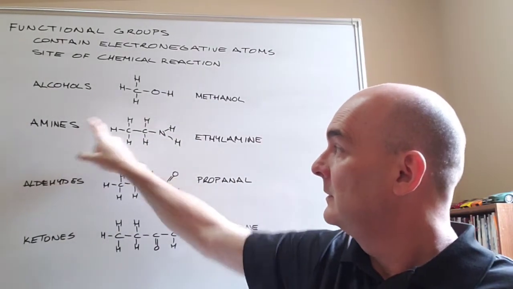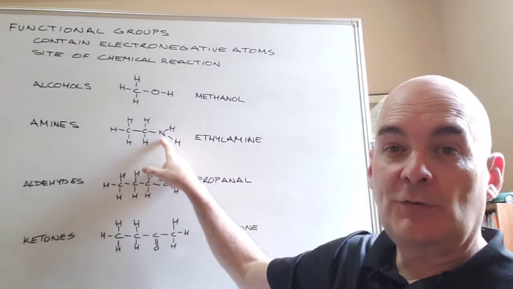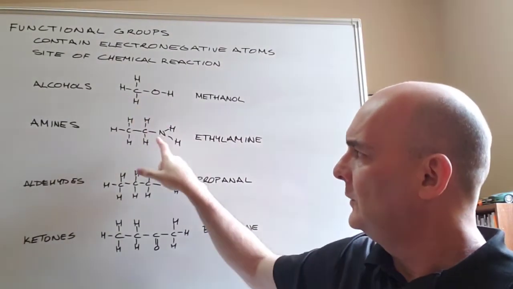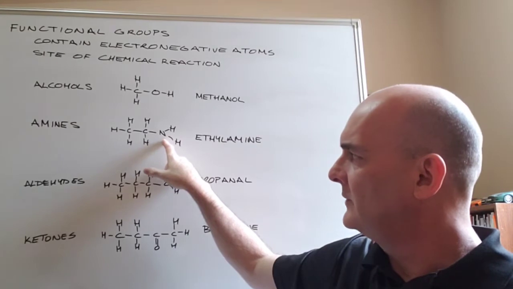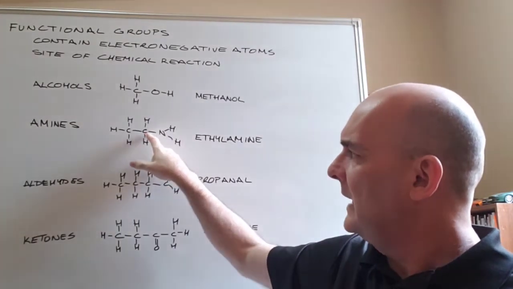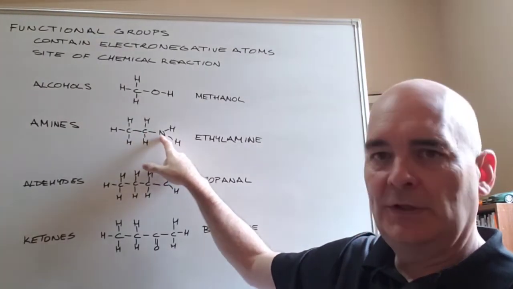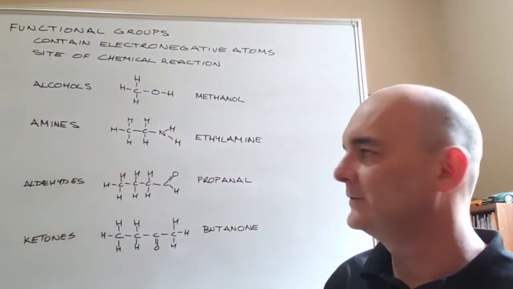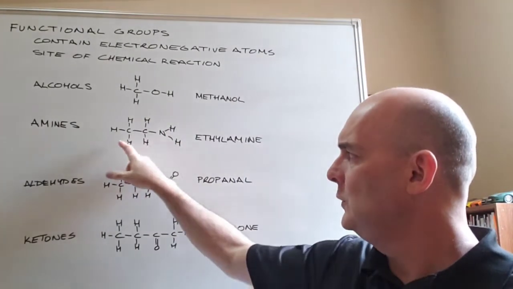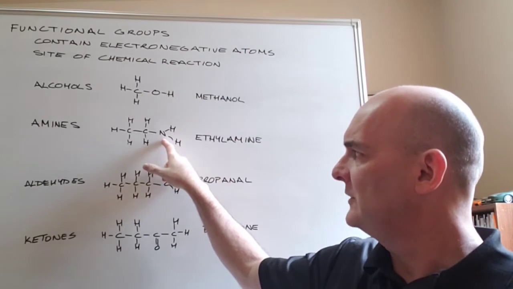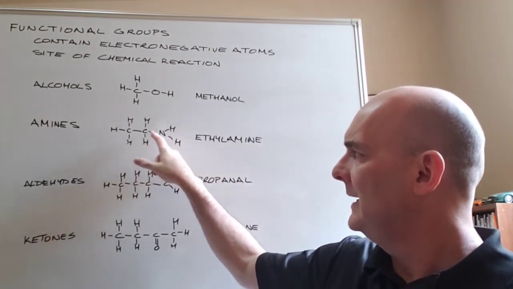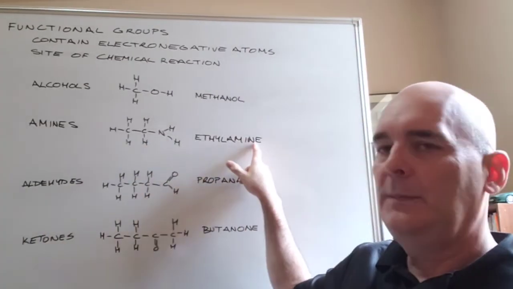Amines, remember nitrogen always makes 3 bonds, oxygen always makes 2, contain a carbon to nitrogen set of single bonds. So a 2 carbon fragment attached to a nitrogen is an ethyl amine.